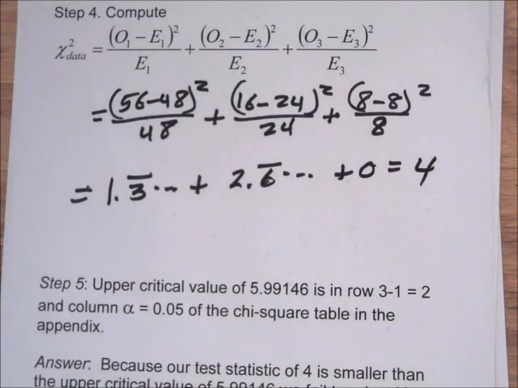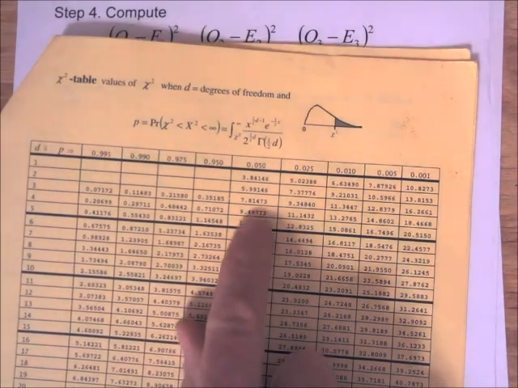For the upper critical value, we have 3 categories. 3 minus 1 is 2. So look at row 2, column 0.05 of the chi-square table, and we get 5.991.